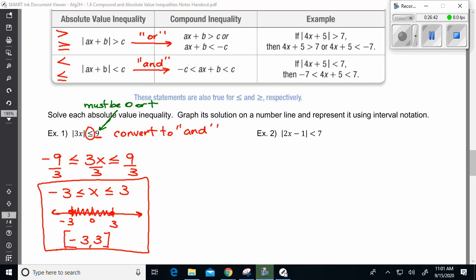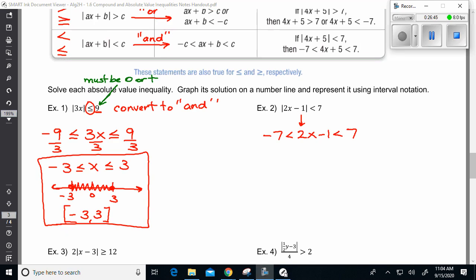All right, and start solving out the problem. So the conversion is already set. Whatever's inside comes down, the sign goes on each side, the number, write it once as is, write it again as the opposite. So we add 1 to both sides, negative 6 less than 2x less than 8, divide by 2, negative 3 less than x less than 4.